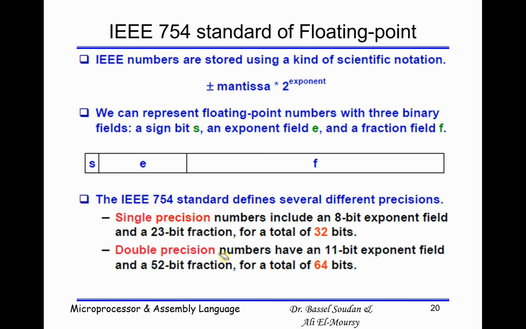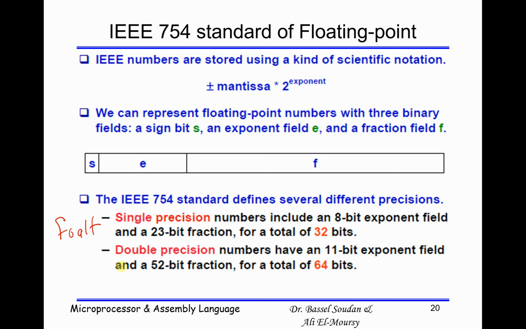Those two standards, by the way, exist in your high level programming languages. If you are writing code in C or C++, you will find what's called the float. If you define a parameter as a float, that means it's using the IEEE single precision, so the number is 32 bits.